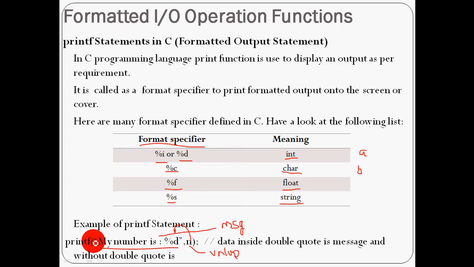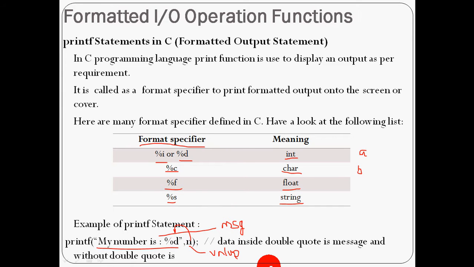Now when I consider the syntax: printf, then message, then argument 1, argument 2, argument 3. The information string contains the format specifiers. This is the information string.